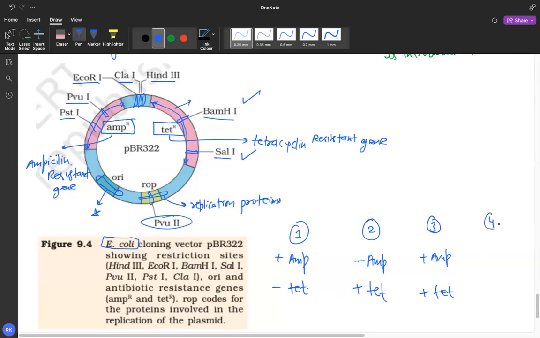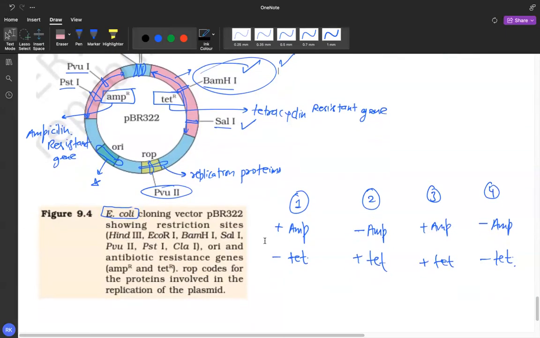And fourth is both negative, amp and tet negative. Now you have to tell me if your bacteria has been transformed really, and you have used BAM H1, in which they will survive and in which they will not survive.